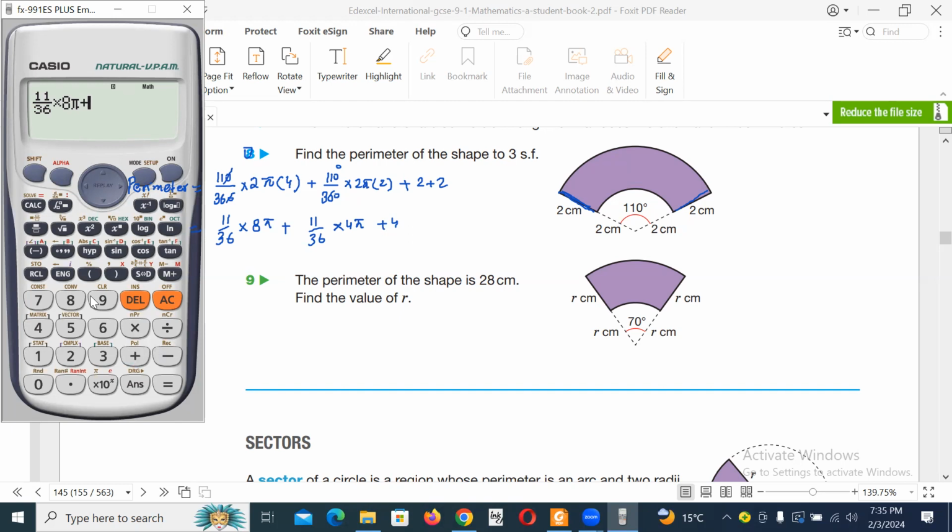After this we have plus again 11 over 36, so multiply 4, shift pi, and then plus 4. So we are getting 15.55. So our answer is 15.5. It is in 3 significant figures and the answer is in centimeter. I hope it is clear.